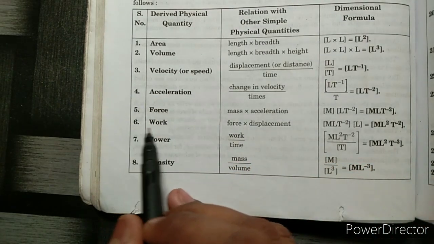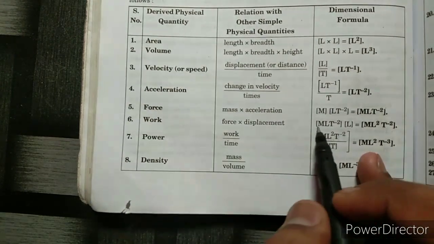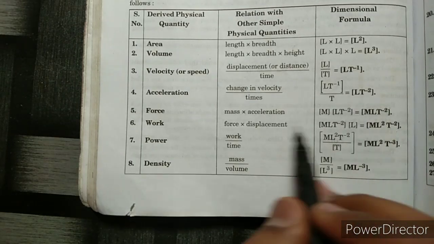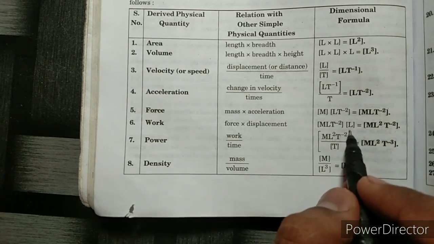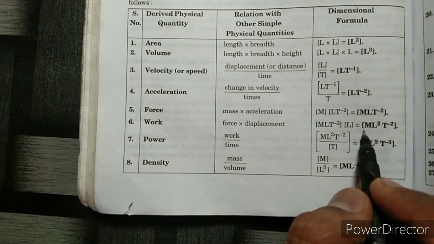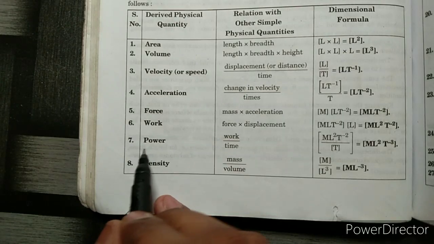Now the sixth one is work. Work is given by force into displacement. The dimensional formula of force is MLT minus 2 and that of displacement is L, where L and L make L square. So the formula of work is ML square T minus 2. Now power.